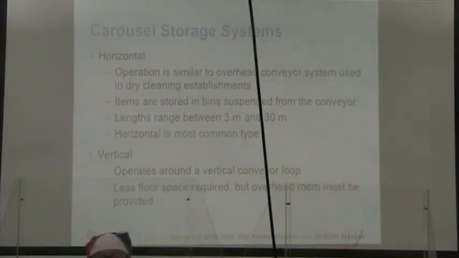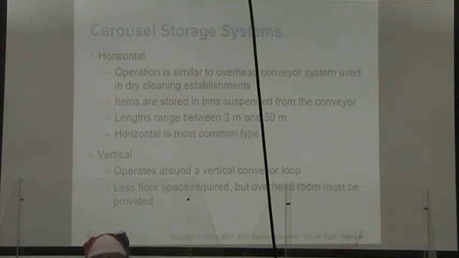So items are stored in bins suspended from the conveyor, and it could be anything from a pretty small carousel to a huge 30-meter long carousel. Horizontal is the most common type.